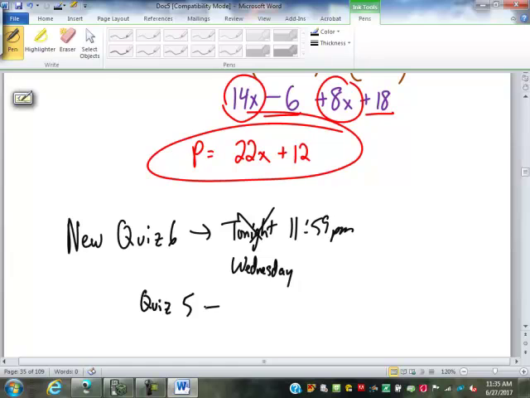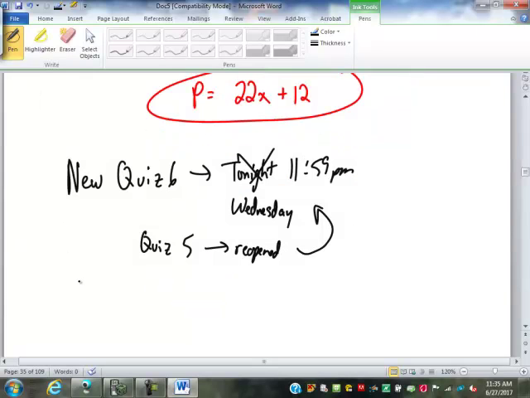Quiz 5 I also reopened, and I added attempts to it. That is also open until Wednesday night at 11:59 p.m. And of course, there is a new homework due for Thursday.